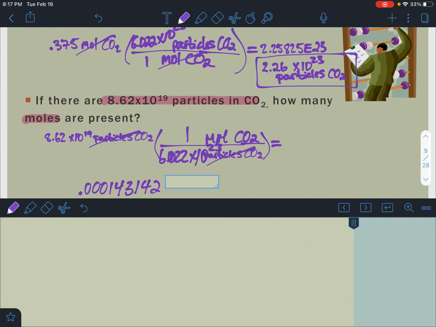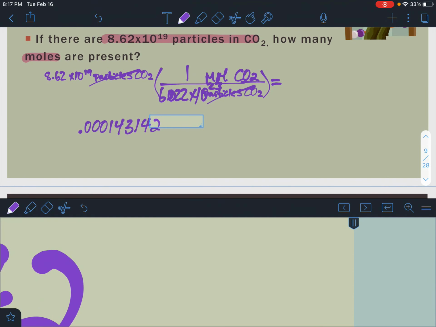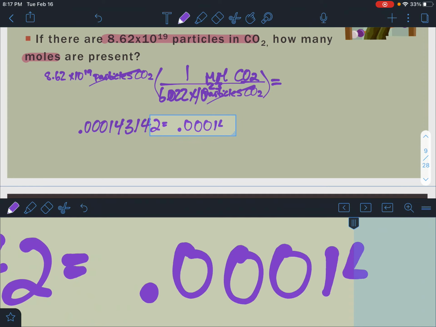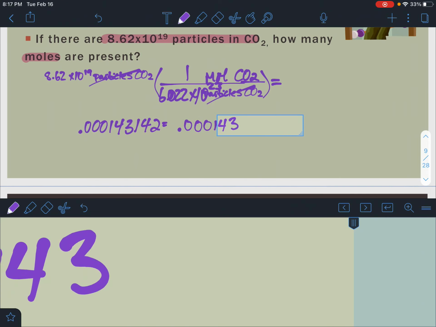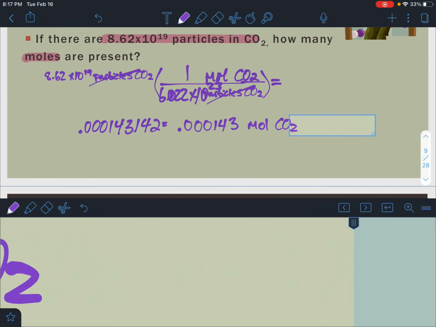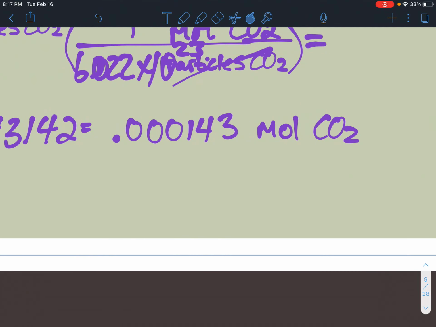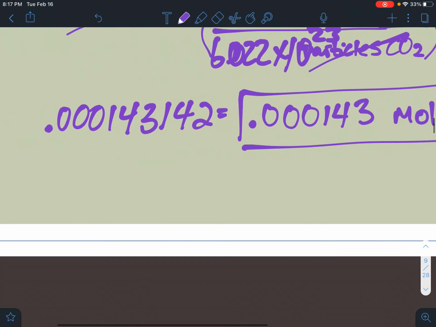So the answer for this one, based off what my calculator gave me, is 0.000143 moles of CO2. And some of your guys' calculators did not give you this decimal. So I'll explain next what it may have looked like for you.